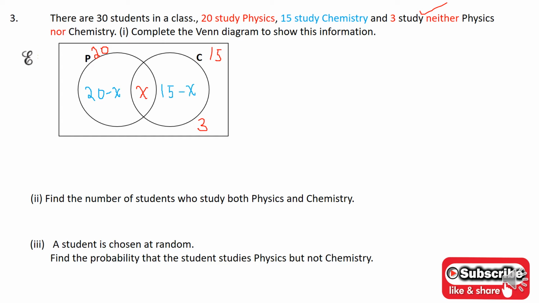Now if I have this information, I can actually form an equation. I can let my equation equal 30 for the universal set, so I know that the universal set is equal to 30.